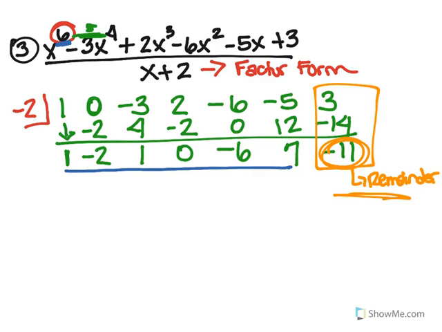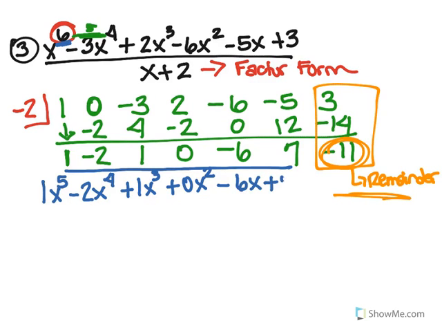So this would be 1x to the 5th. Walk it down. Minus 2x to the 4th. Plus 1x squared. Now we know that our cubed term is gone because that's 0. It's gone. Minus 6x plus 7.